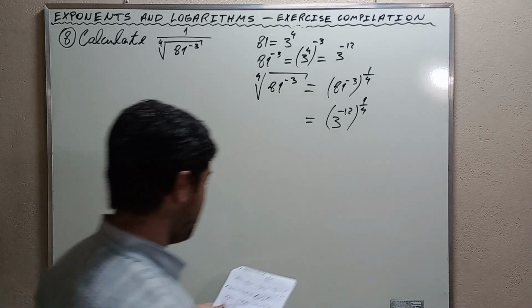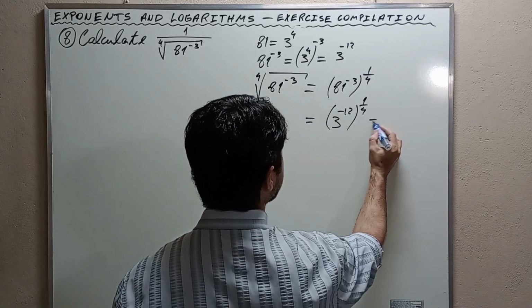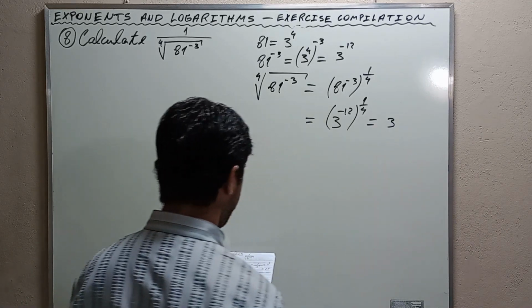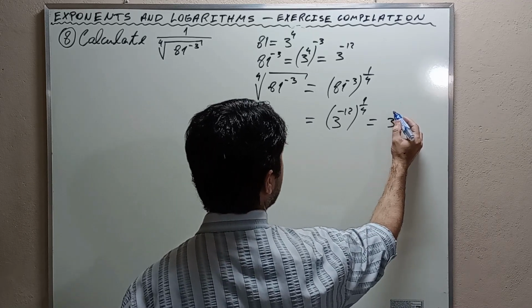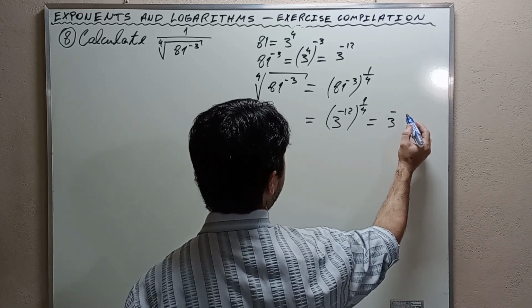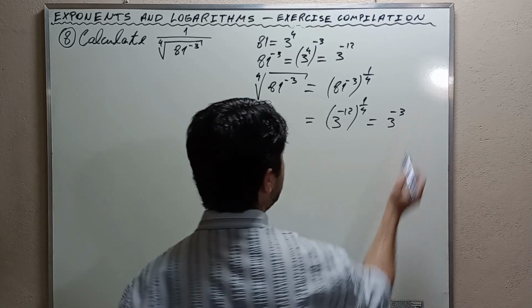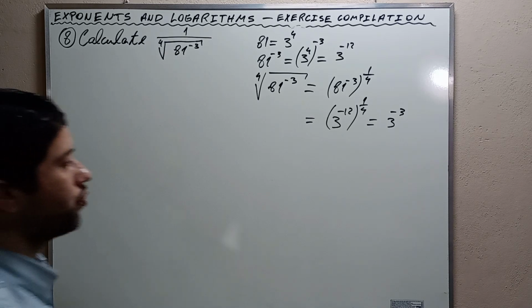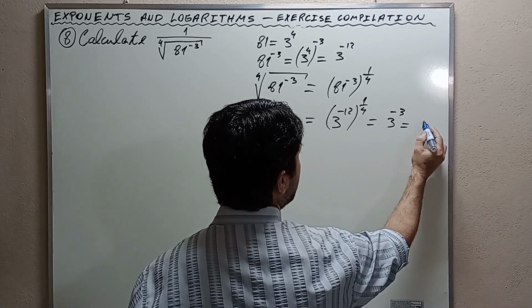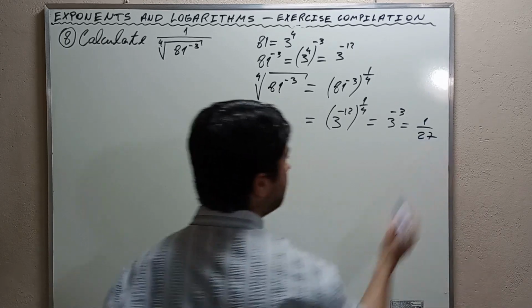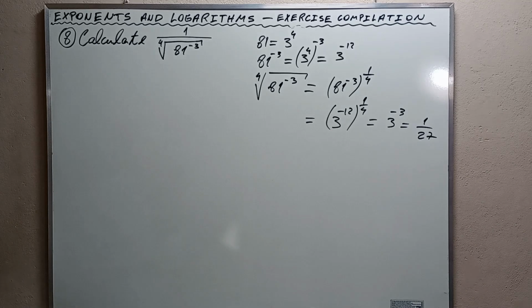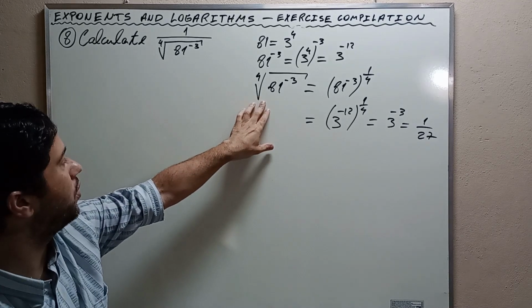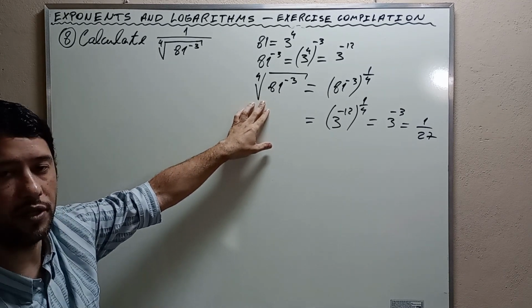And this is equal to 3 raised to the power of negative 3. And 3 raised to the power of negative 3 is equal to 1 over 27. Okay? But observe that this root here is not in the numerator.